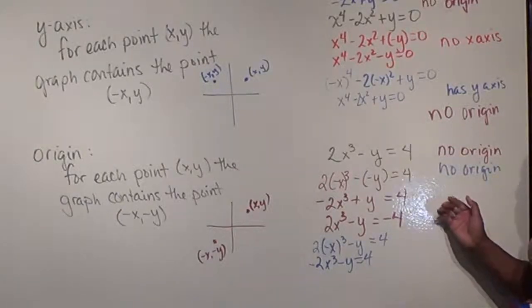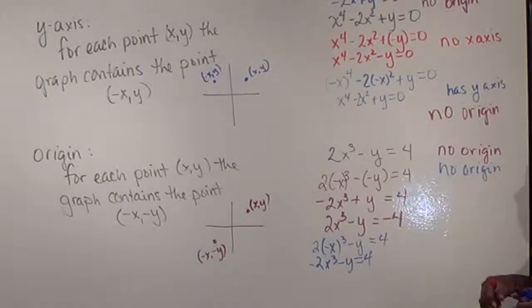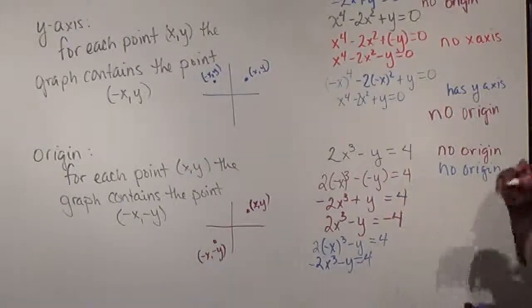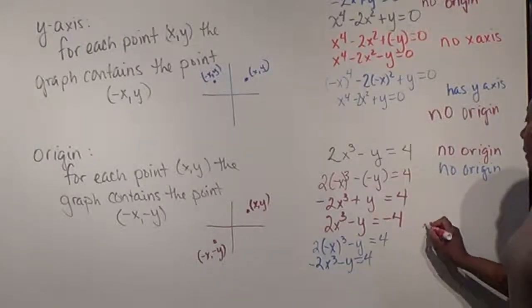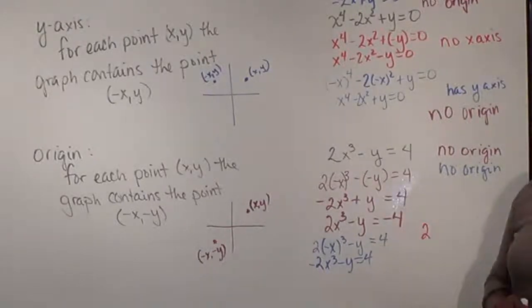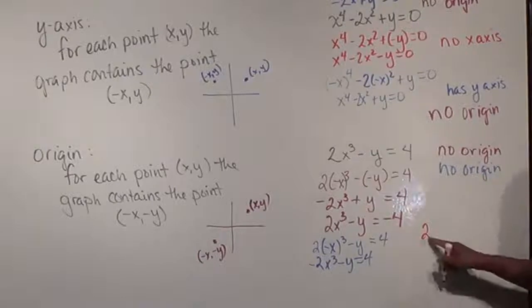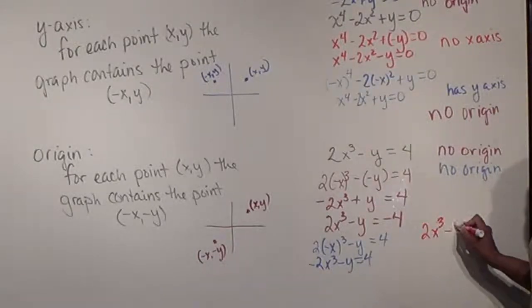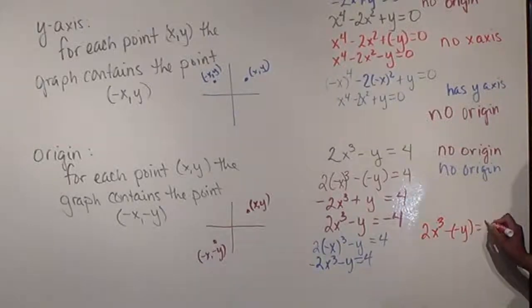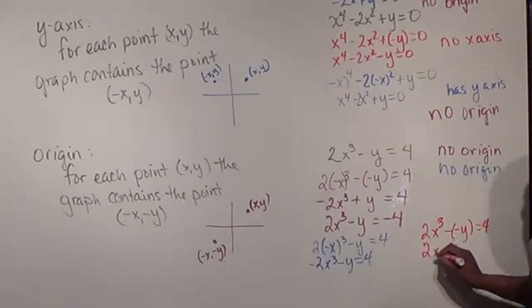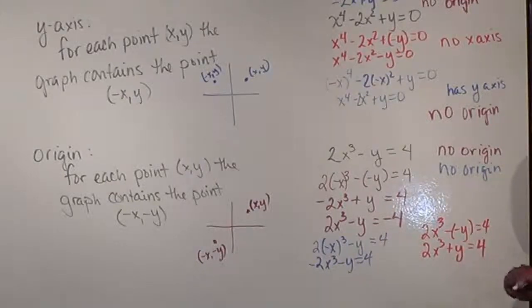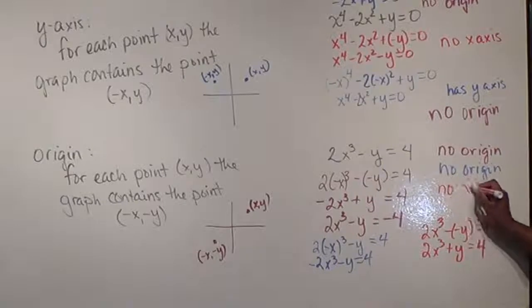And then that leaves the x-axis, and it almost says, yeah, it's got to have x-axis. But like we said before, it is not necessarily the case that I have any of these. So for example, here when I plug in for the negative y, you can see that my y sign changes, and again, it's not quite the same equation.